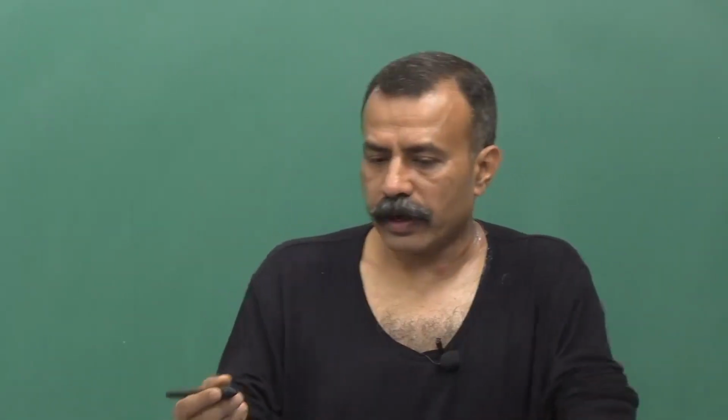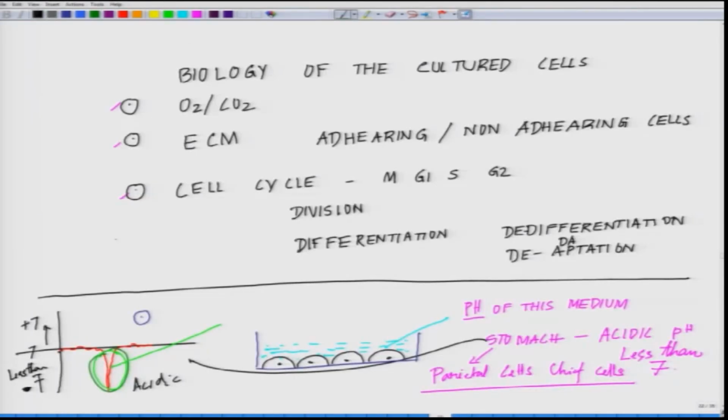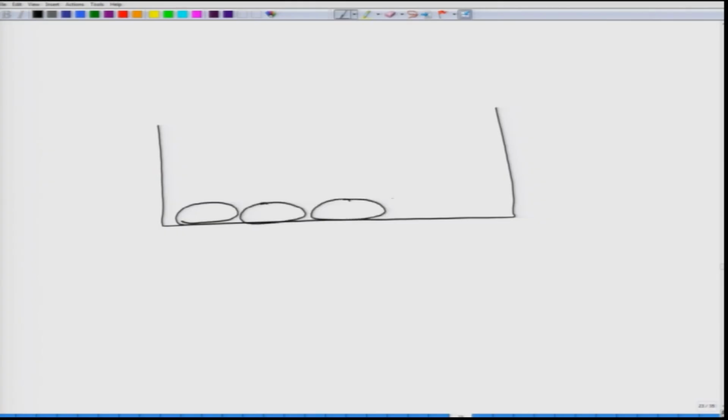This is one aspect. The second aspect in that line is that we have talked about the pH now. The next thing we will be talking about is, say for example, here the cells are growing in a dish, assuming that these are all adhering cells, and these adhering cells are dividing.